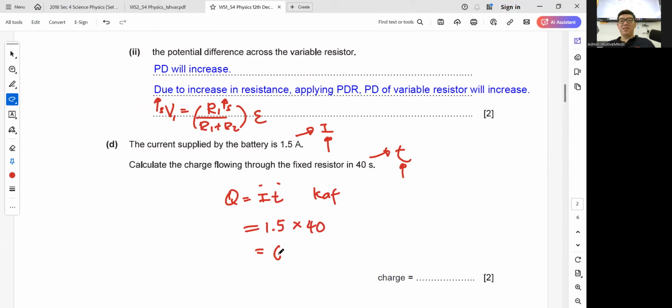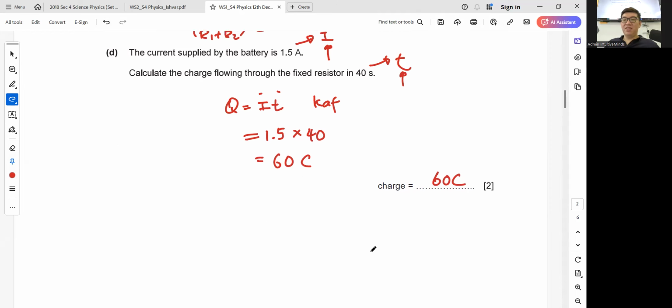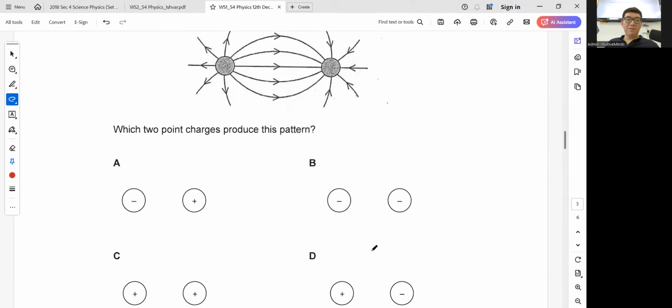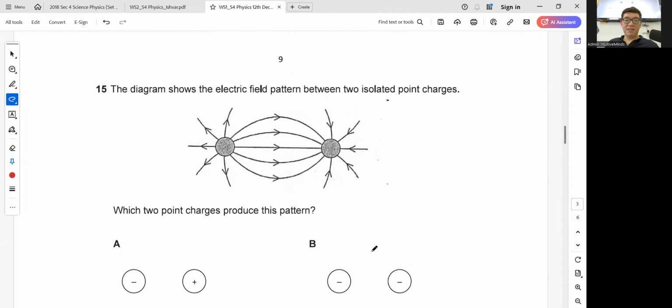What is it, 60? 60 watts. Very good. 60 coulombs. Let's go, man. So that is good.